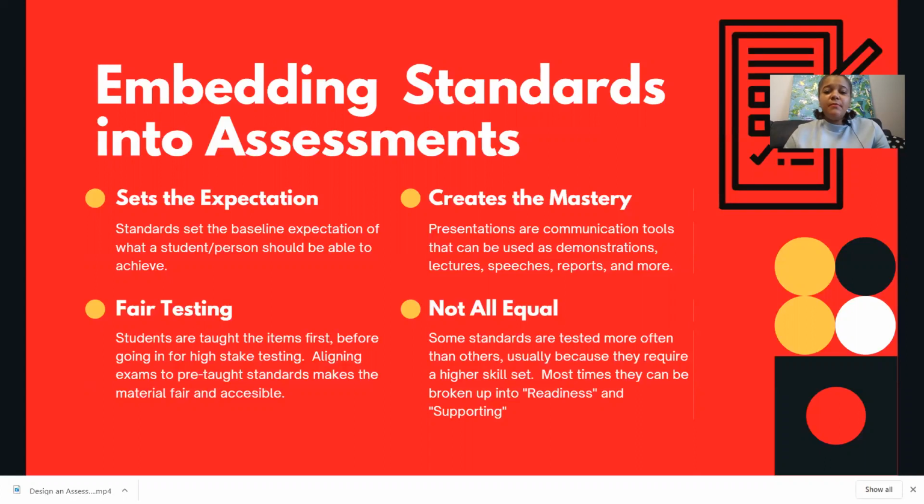It also creates mastery, which means that our presentation, our communication, all of those things are creating the opportunity to reach that 70% or more. And then we have to recognize that all standards are not equal, and we're going to break that down.